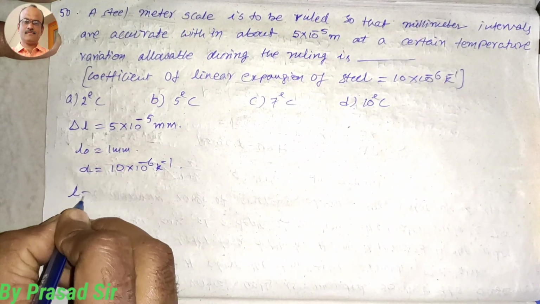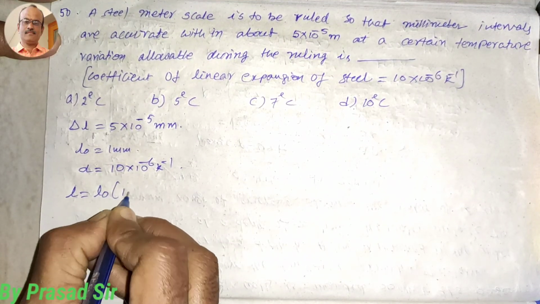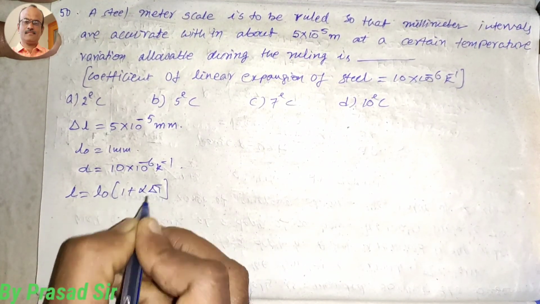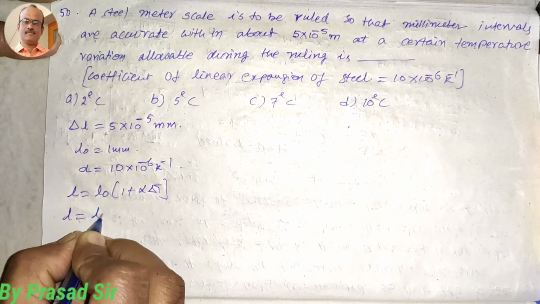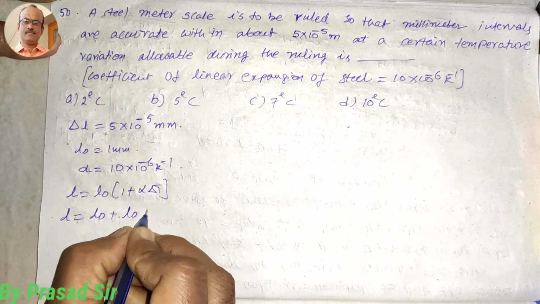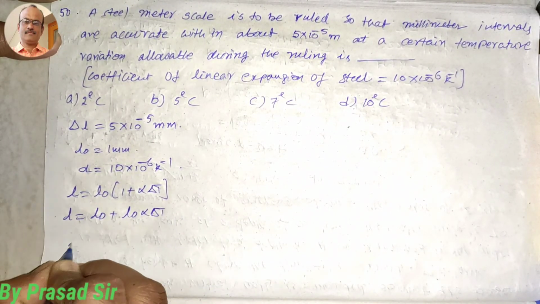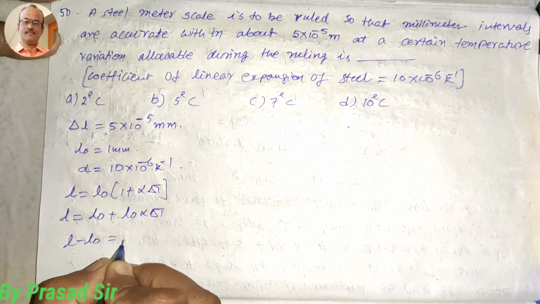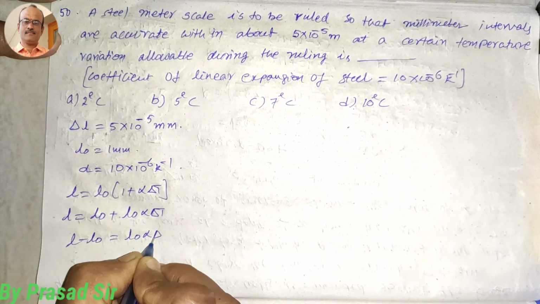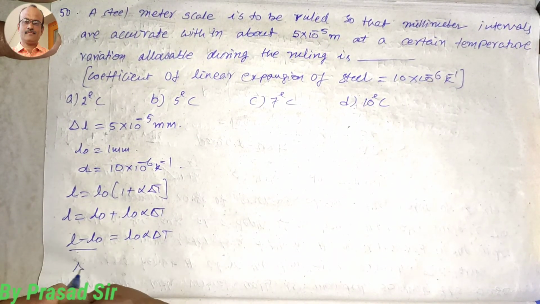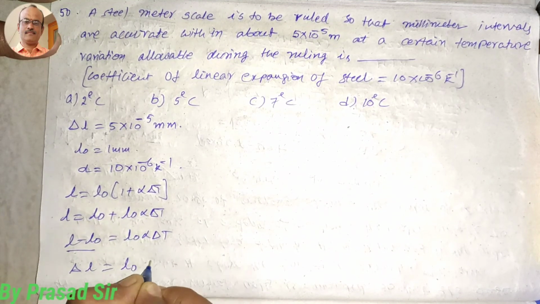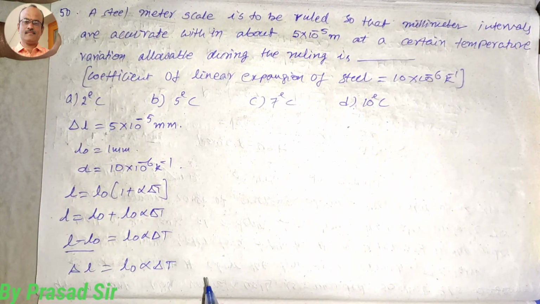But we know the formula L is equal to L0 times (1 plus alpha delta T). So L is equal to L0 plus L0 alpha delta T, L minus L0 is equal to L0 alpha delta T. So I will write this as delta L is equal to L0 into alpha into delta T.